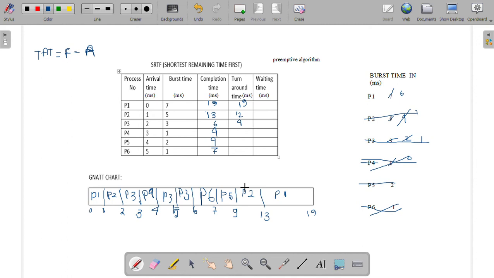For process P4 it is 4 minus 3, that is 1. And for process P5 it is 9 minus 4, that is 5. And for process P6 it is 7 minus 5, that is 2.